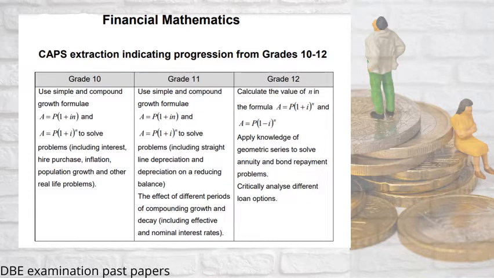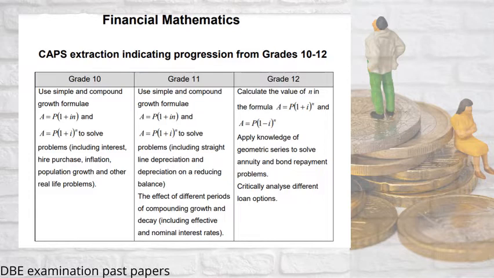So when you reach grade 12, you were taught also how to use the simple and compound growth formula again, and how to solve problems including straight line depreciation. You learn about straight line depreciation and depreciation on reducing balance that was covered in grade 11, and the effect of different periods of compounding growth and decay.